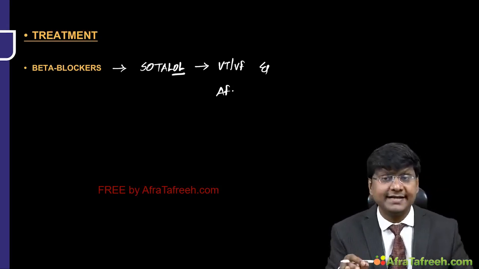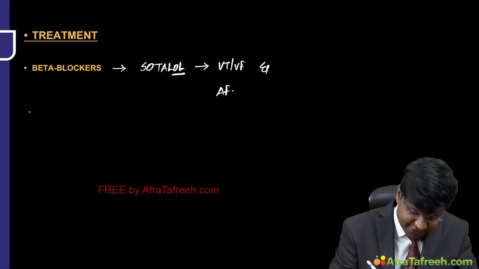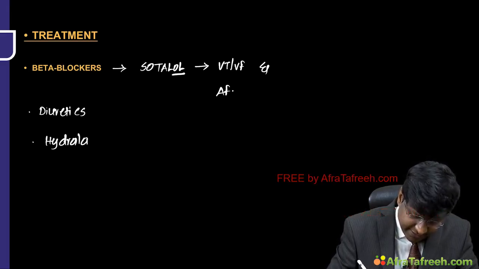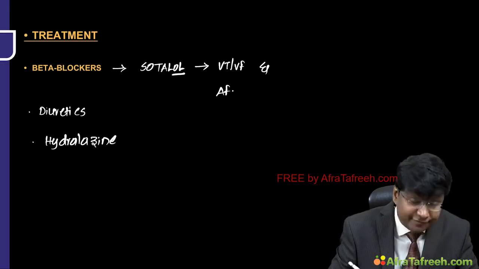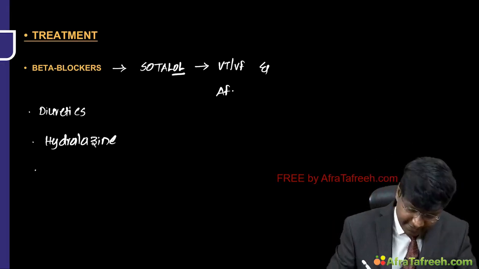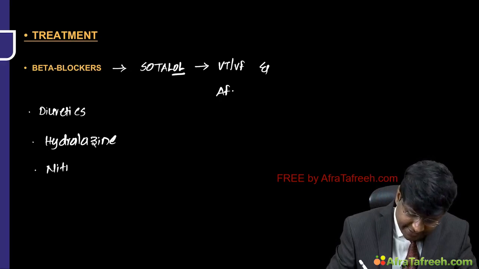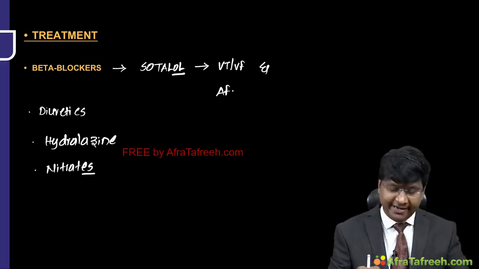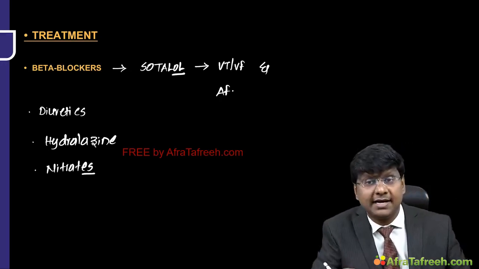And these patients develop heart failure with reduced ejection fraction. So diuretics should be given, mainly to reduce the pulmonary edema. Hydralazine should be given, mainly to reduce the afterload on the heart, right? And even nitrates reduce both preload as well as the afterload on the heart. See, how does hydralazine reduce the afterload on the heart?